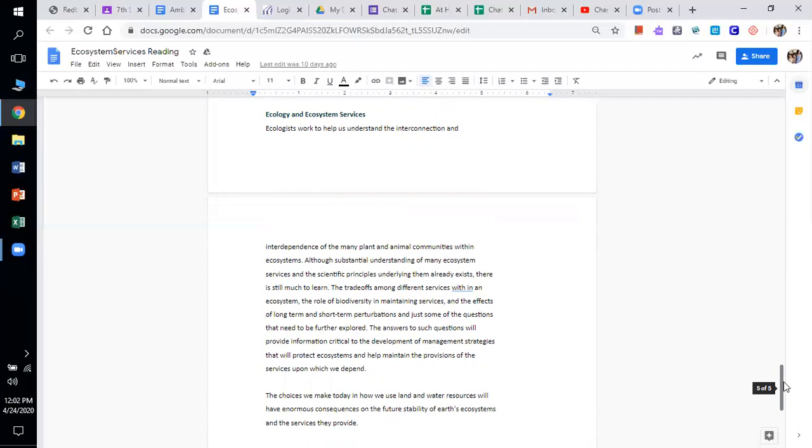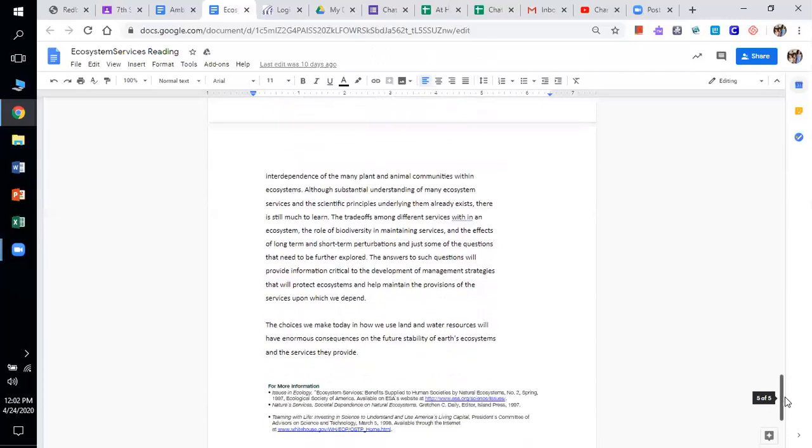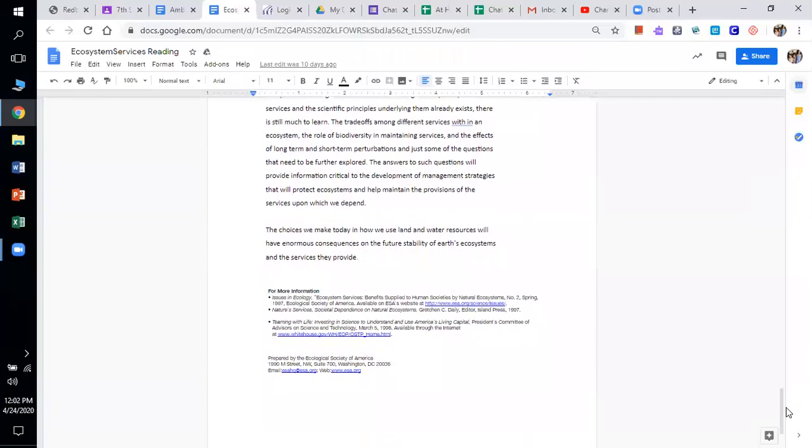The trade-offs among different services within an ecosystem, the role of biodiversity in maintaining services, and the effects of long-term and short-term perturbations are just some of the questions that need to be further explored. The answers to such questions will provide information critical to the development of manageable strategies that will protect ecosystems and help maintain the provisions of the services upon which we depend.